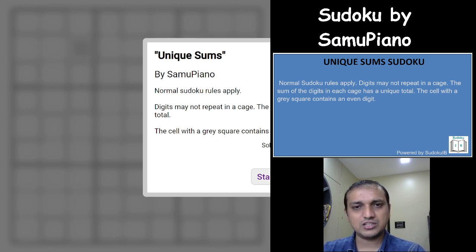I really appreciate the author for this Sudoku, because it's really not easy to construct a unique sum Sudoku without a given. When I saw this grid, there was not even a single given in it, and I was shocked to see it. So let's see if we are able to crack this Sudoku or not.